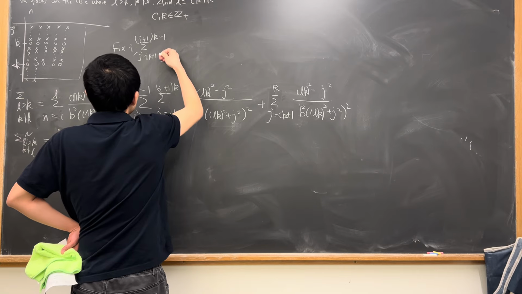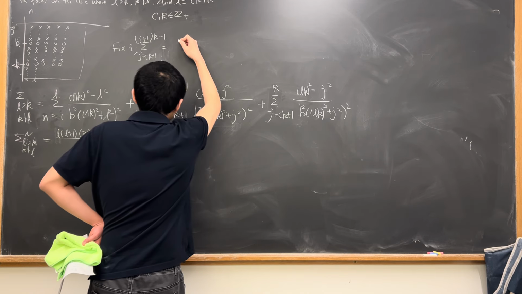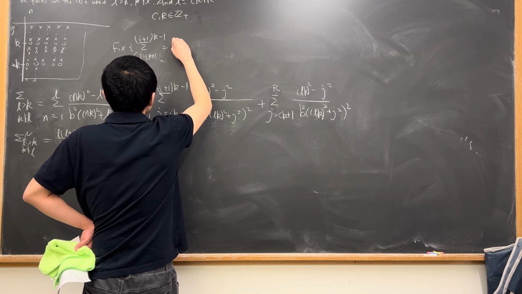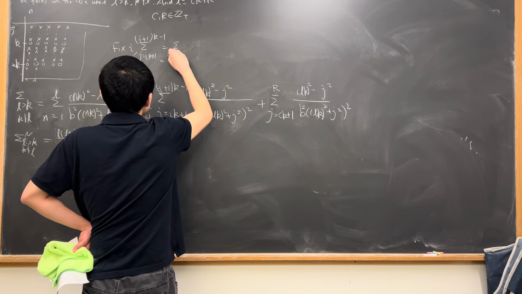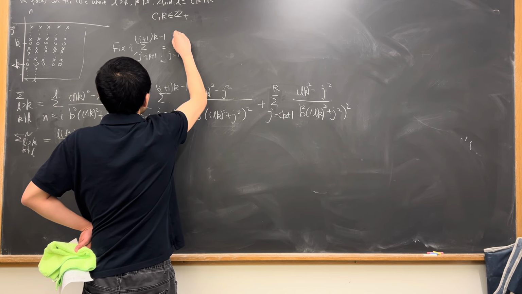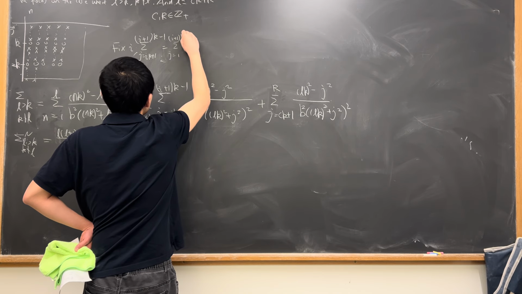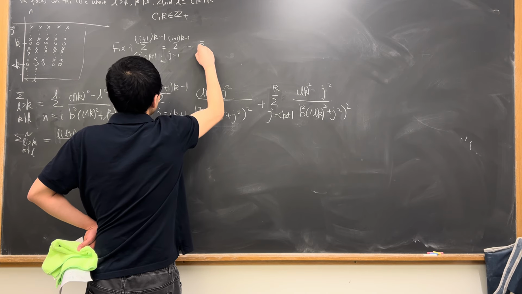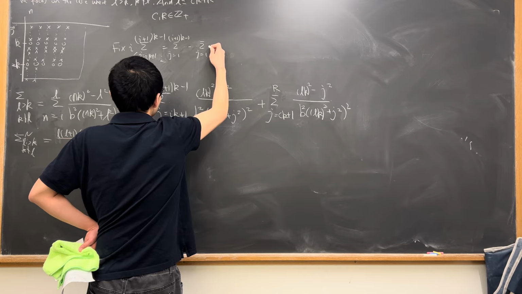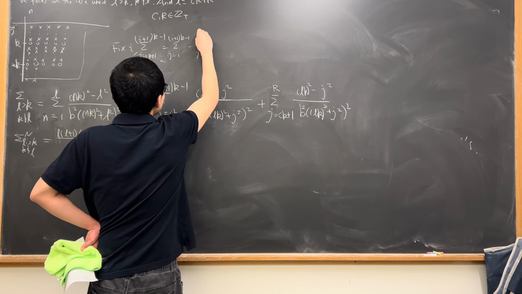So this sum is equal to the sum j from 1 to I plus 1 k minus 1, minus the sum j from 1 to ik.